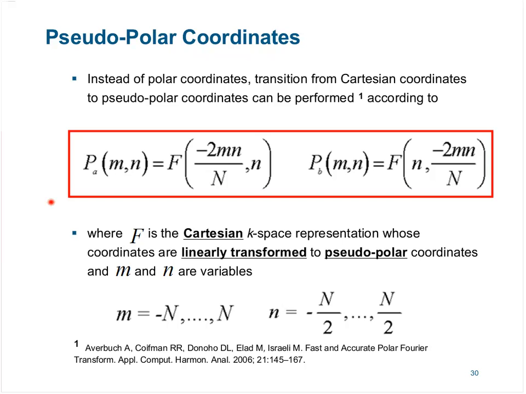Here F is the Cartesian k-space representation whose coordinates are linearly transformed to pseudo-polar coordinates, and M and N are variables. These are actually the sample points along the grid.